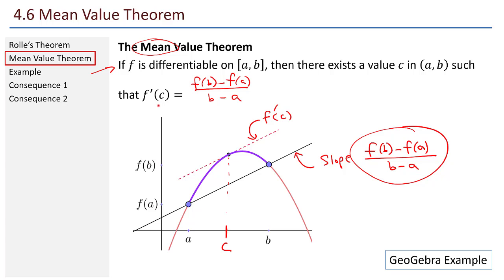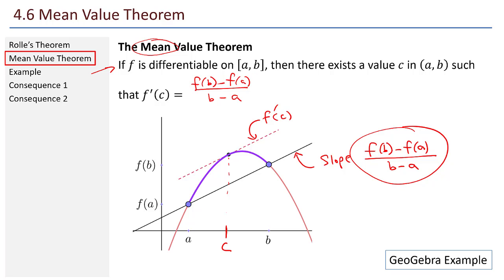And so it says that the instantaneous rate of change at c is equal to the average rate of change, or the mean rate of change from a to b. All right, so again, watching our hypotheses, f is differentiable, then there's a point c in between where the instantaneous rate at c equals the average rate of change from a to b.